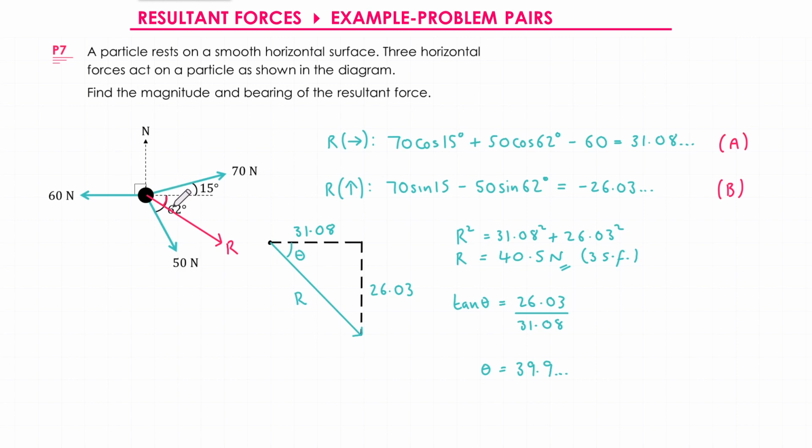So if we want our answer as a bearing, starting from north, we go 90 degrees to get to this horizontal dotted line, plus the extra bit from our angle theta, 39.9, to give us the full bearing. So our bearing is 90 plus 39.9, which gives us 130 degrees if we round to 3 significant figures.